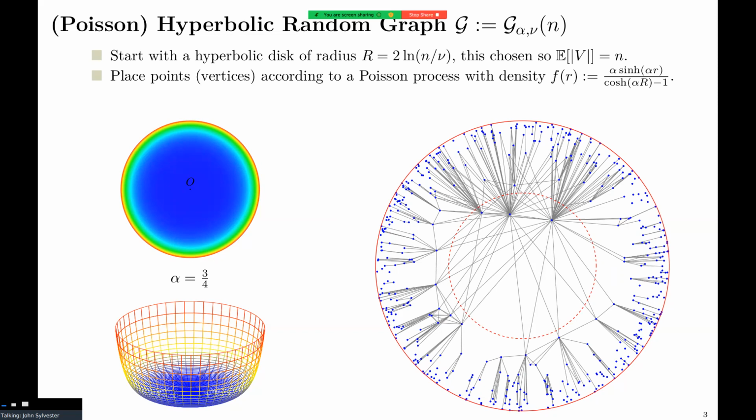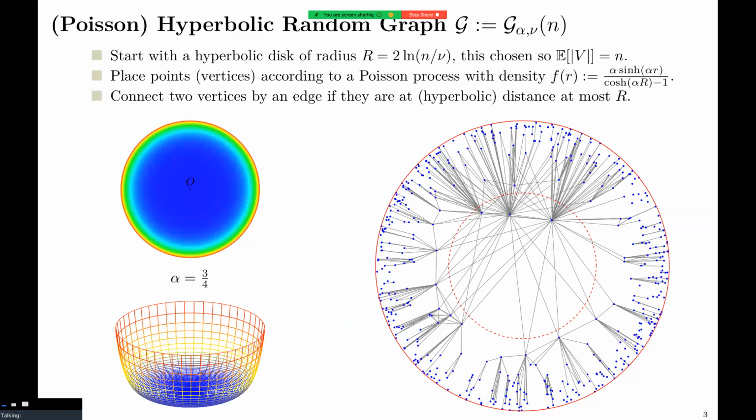Notice this is in polar coordinates and it does not depend on the angle, only on the radius. If alpha increases, then points get pushed out to the periphery, and for smaller alpha, they group closer to the center.